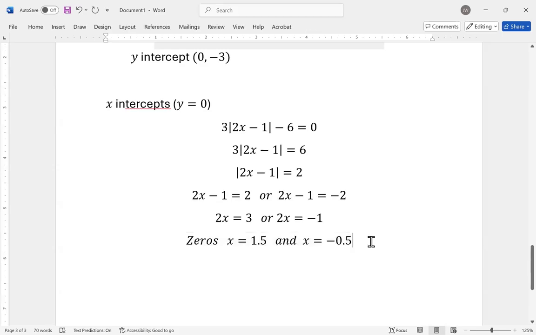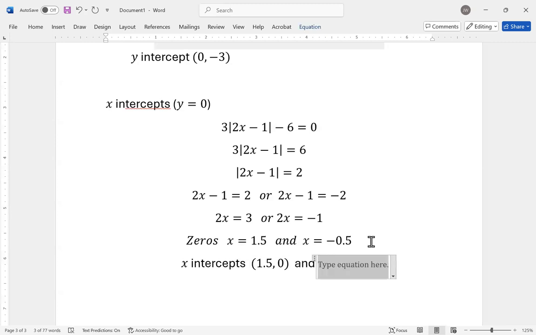And if there was a question that asked you for the x-intercepts specifically, then you would say those happen at the points 1.5 comma 0 and -0.5 comma 0.